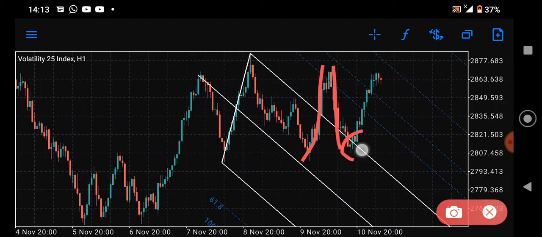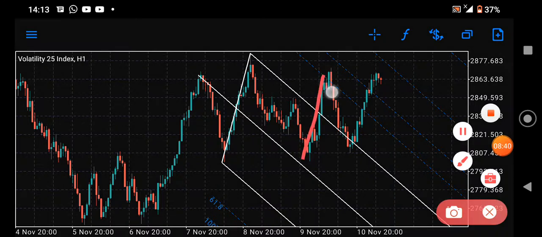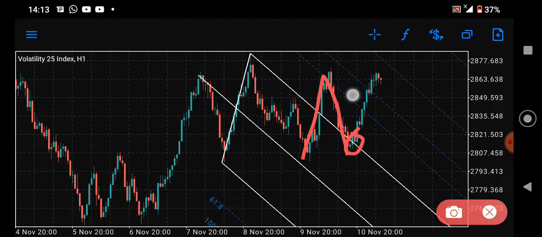I think a doji was formed here. It broke out, retested, doji formed, then you can see the buy. You can now pick each of these retracements as your TP target. I will mostly advise you take the first 61.8 retracement as your TP.